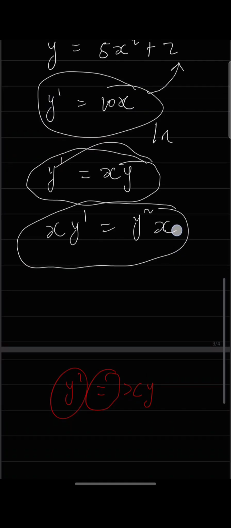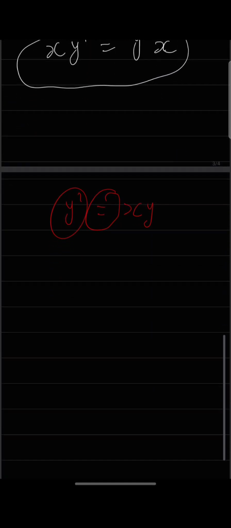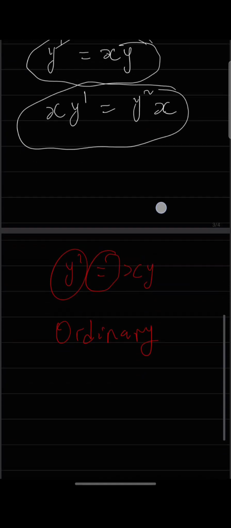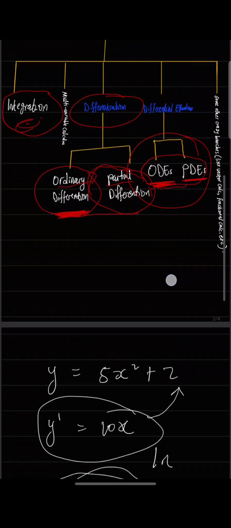So that was it about differential equations. The last thing we would note about ODEs is that the O in ODEs is ordinary. What is ordinary about it? The ordinary about this is that we are using ordinary differential equations instead of partial differential equations.